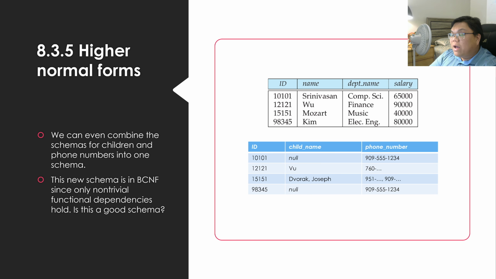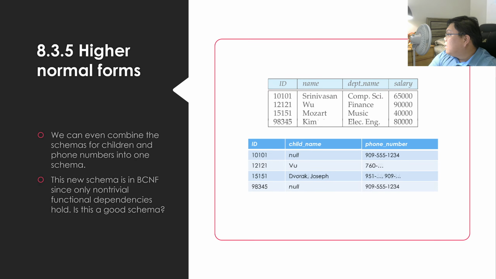We could combine the two tables for instructors' children and instructors' phone numbers into one, like this. This new schema is in BCNF, since only trivial functional dependencies hold. Is this a good schema though?